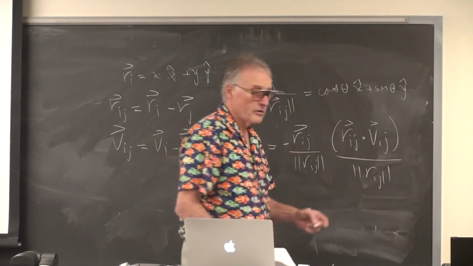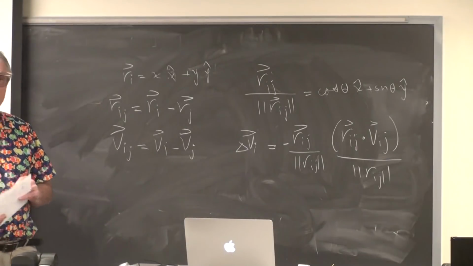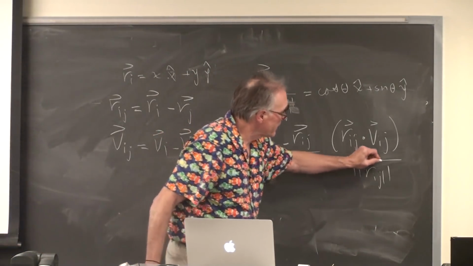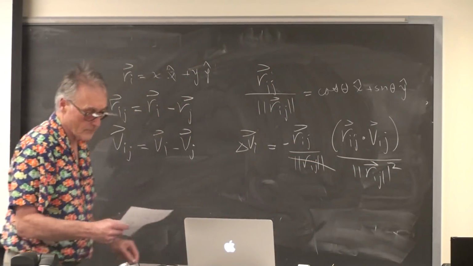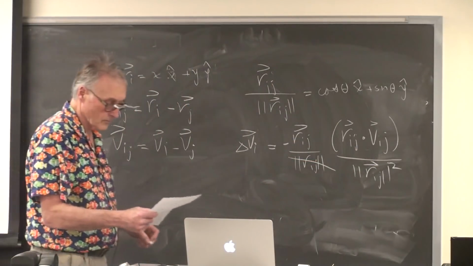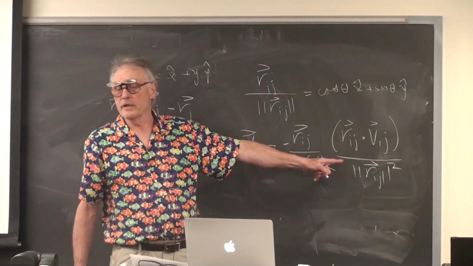Oh, good, the magnitude appears twice. That means we don't have to take a square root, because we could just calculate the magnitude of Rij quantity squared. That is what you're going to be calculating for each pair of balls.